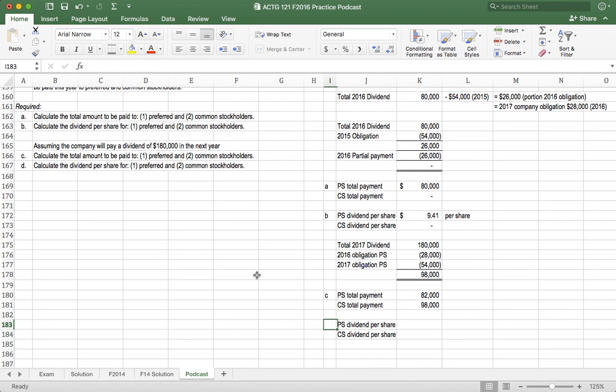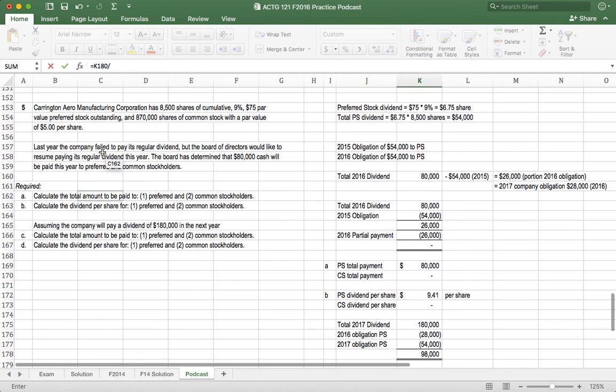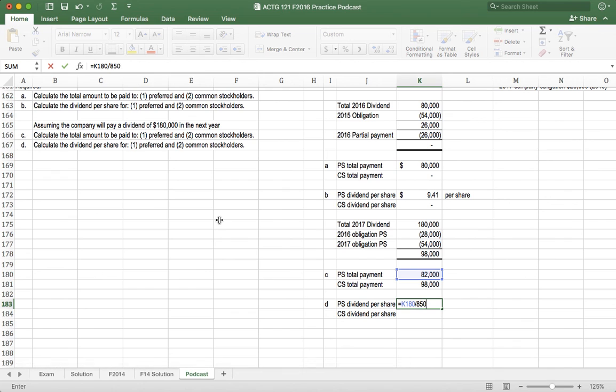Okay, so for D, dividend per share is going to be the total payment divided by, once again, the 8,500 shares. So this is the per share amount for preferred stock, $9.65.